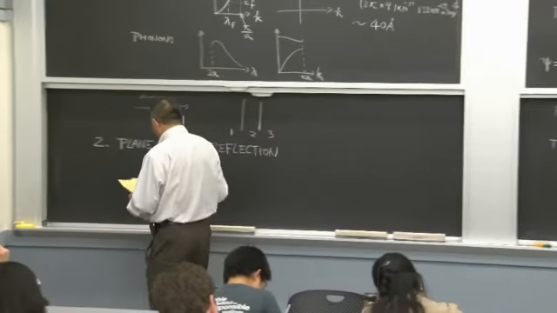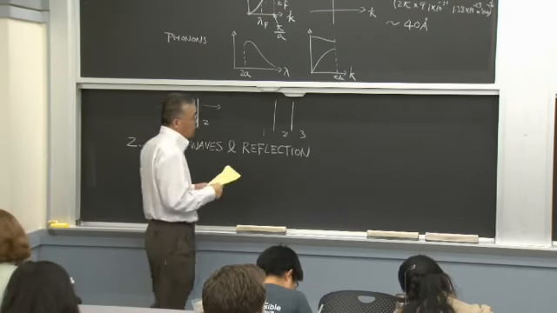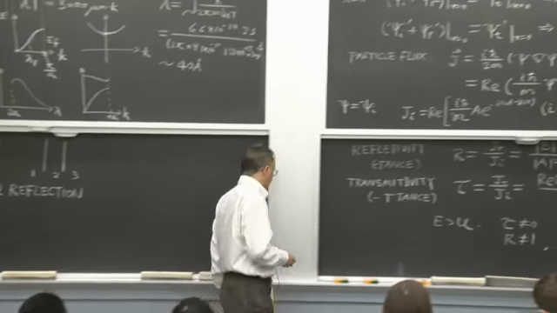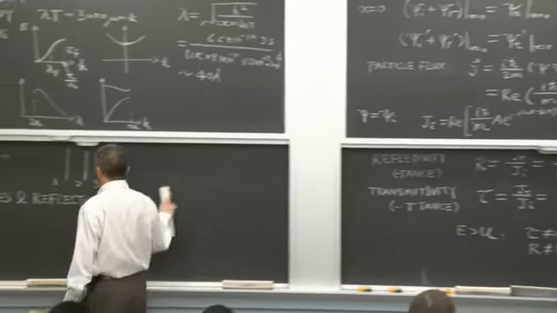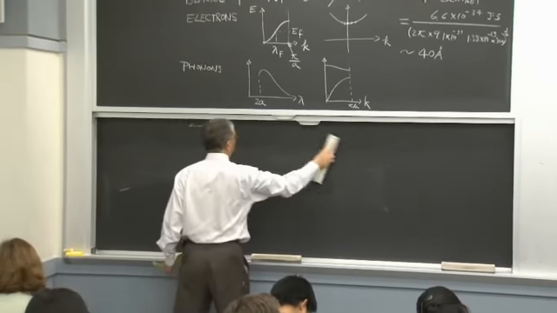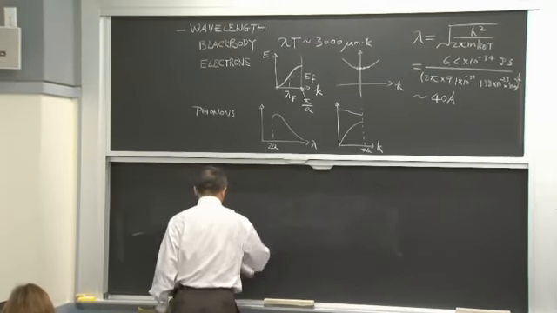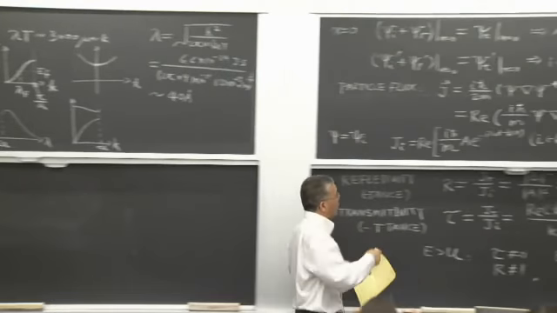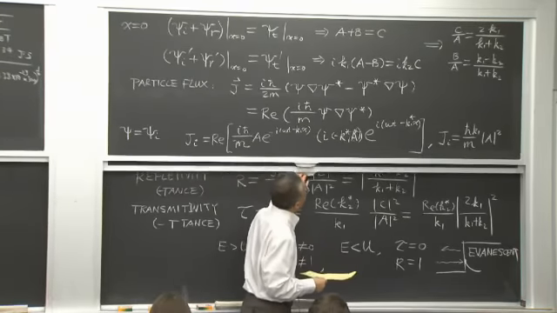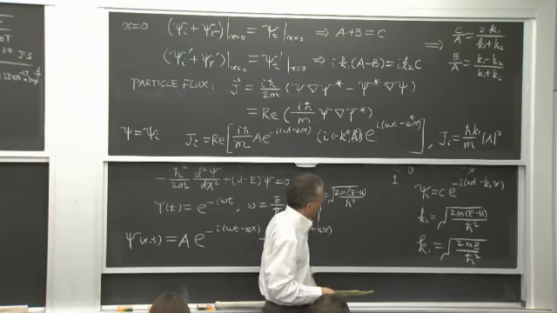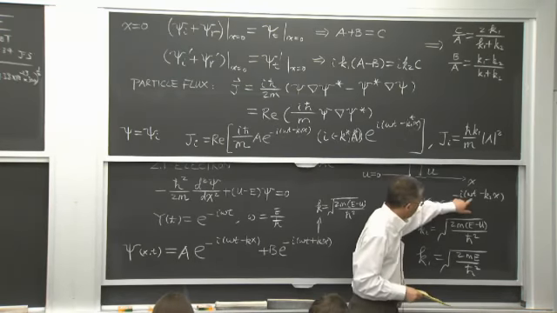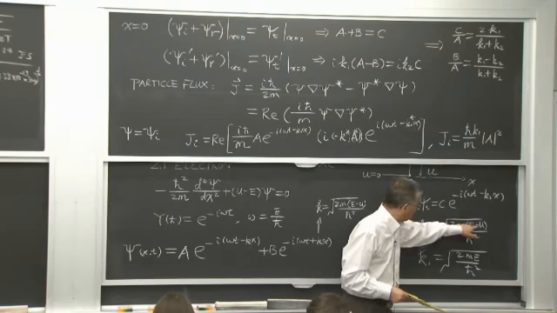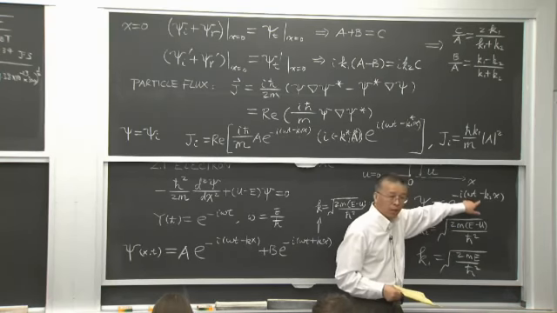And now, what's the magnitude of those? If you look at the decay of this evanescent wave, it is really the magnitude of the square root of 2m (E minus U) over h bar squared.